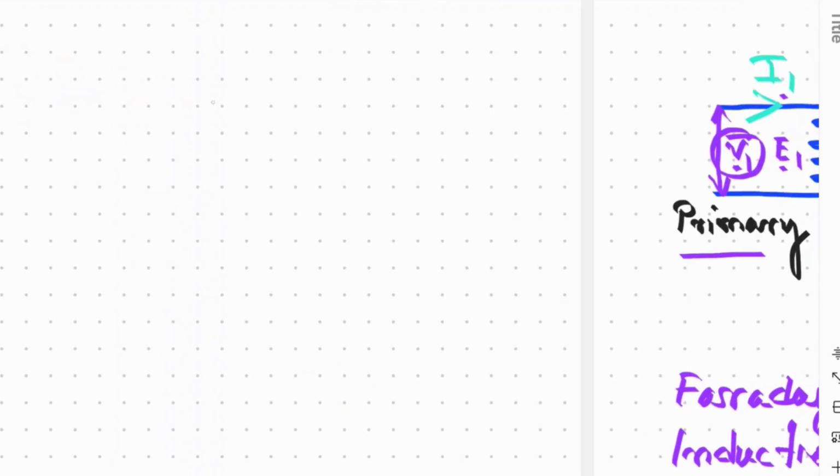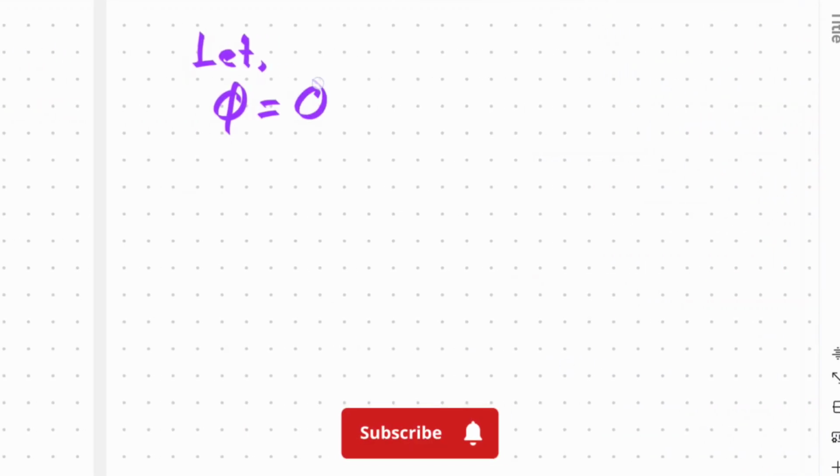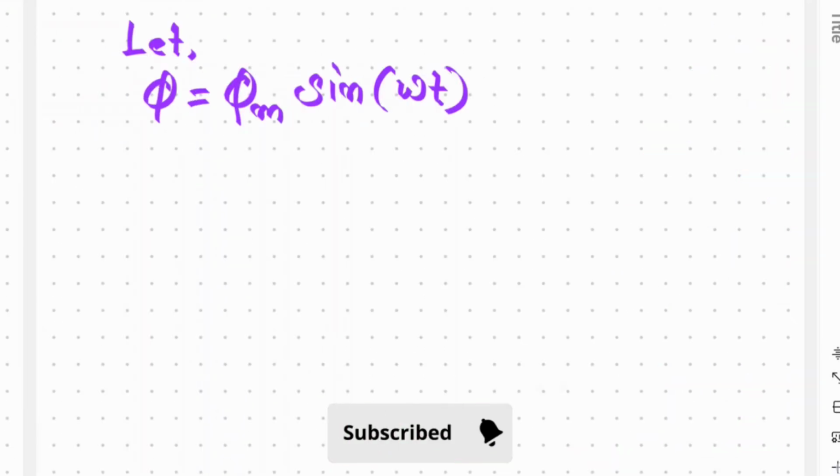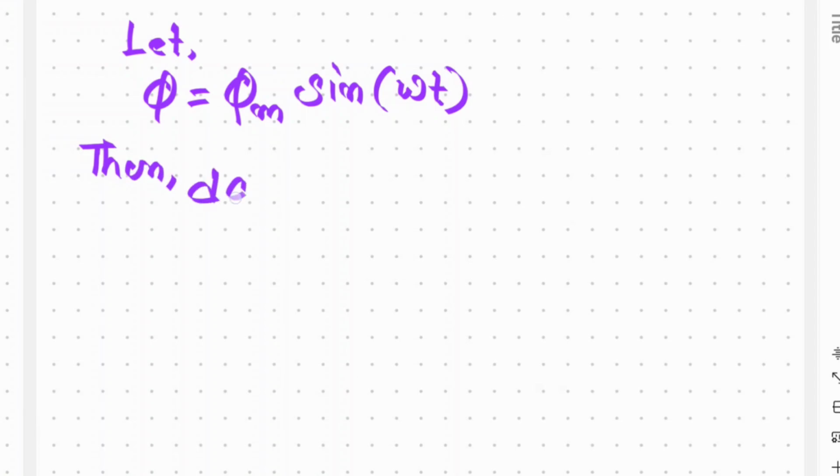So let phi is equal to phi m sin omega t, then d phi by dt is equal to phi m omega cos omega t.